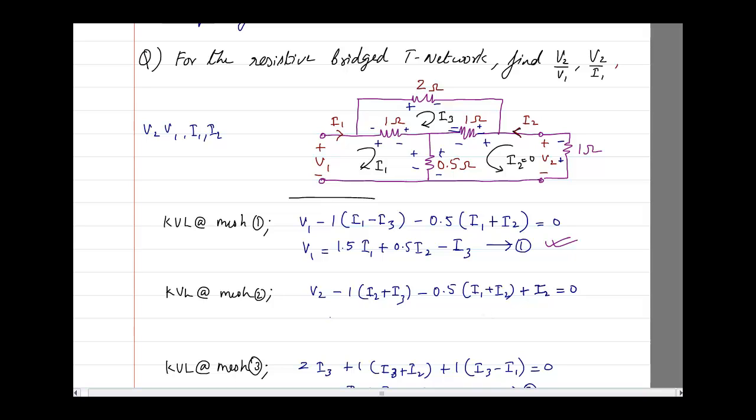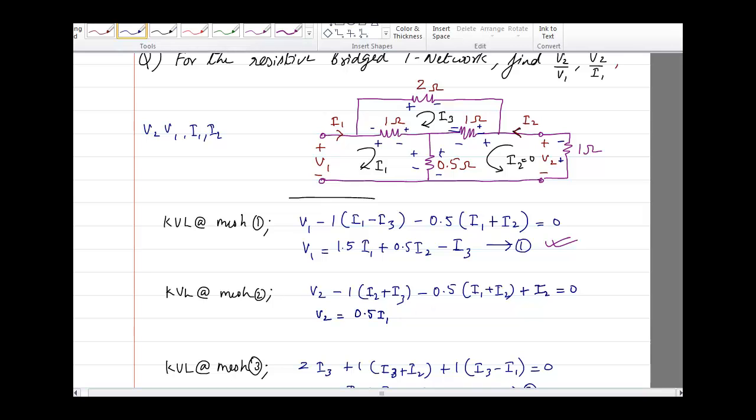From which I will get V2 is equal to, now minus 0.5 will go and become 0.5 I1, and then for the case of I2 we will have minus 1 I2 and minus 0.5. Yeah, this should have been minus.